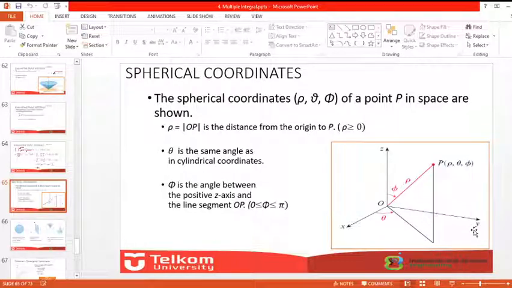Why? Because the maximum angle from the z axis is 180 degrees, so only 0 until π.